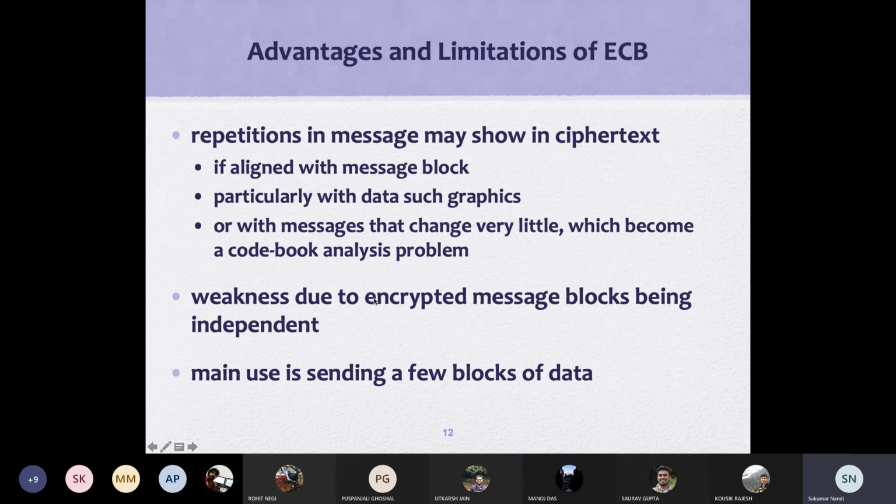So basically what is being said is that the same message block will always go to the same ciphertext, and if used multiple times it will be dangerous, or you may get only a one bit change.